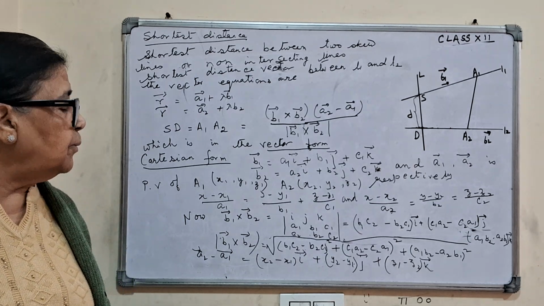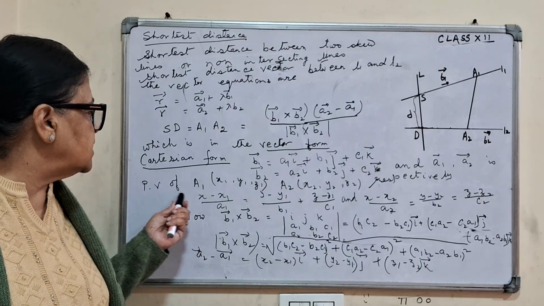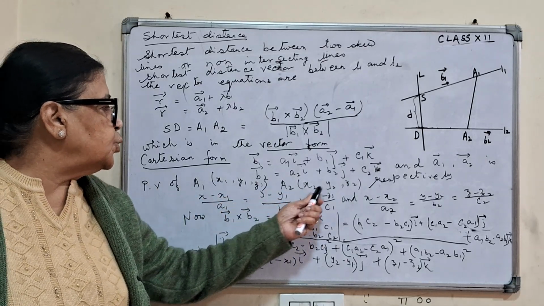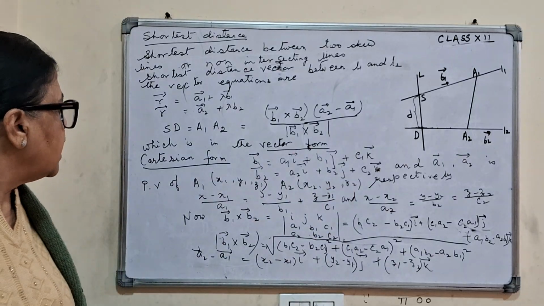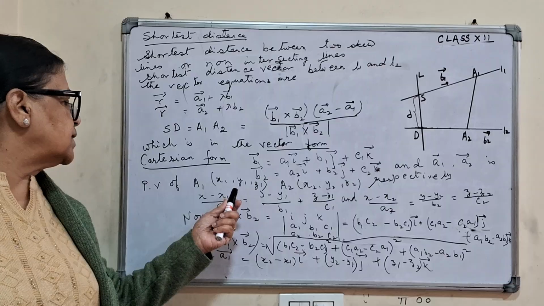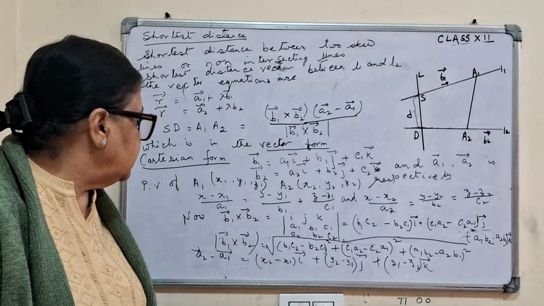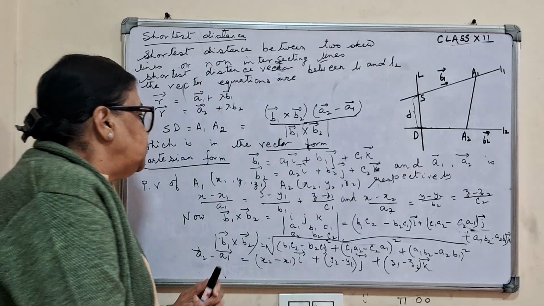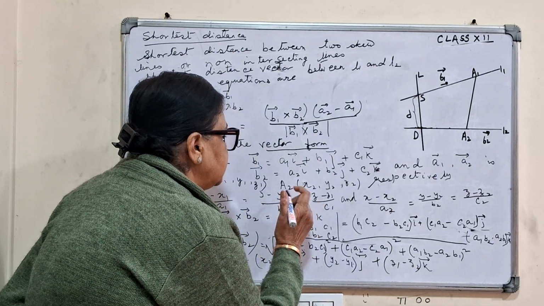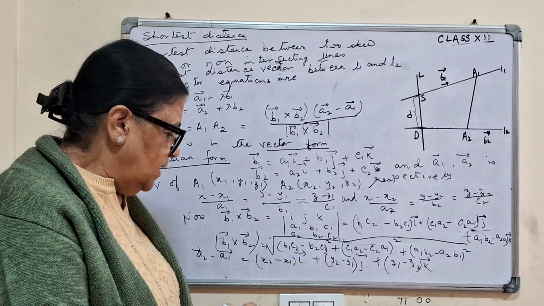The position vector A1 is x1, y1, z1 and A2 is x2, y2, z2 respectively. Then the first line is x minus x1 divided by a1, equal to y minus y1 divided by b1, equal to z minus z1 divided by c1.